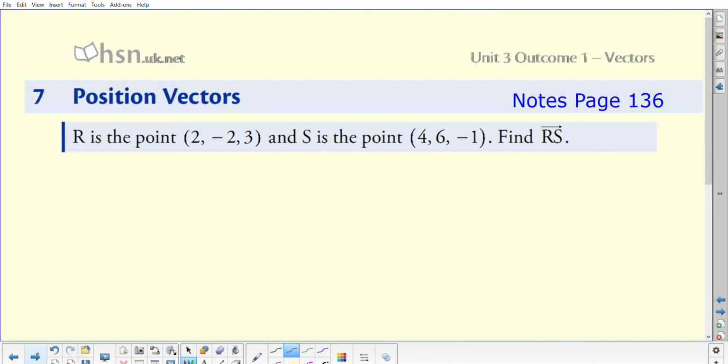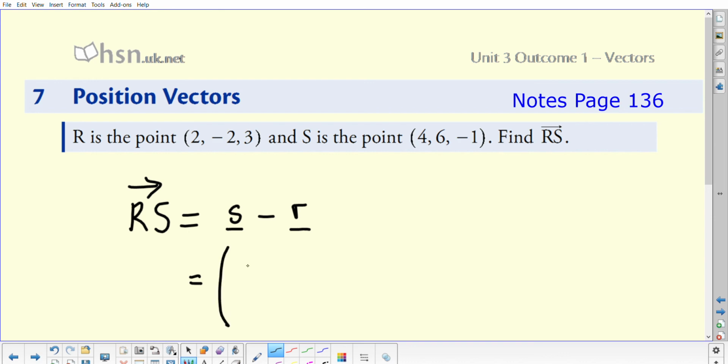So to see this in practice, you've got this question on your notes page, and we would be writing down for this that you've been given these 2 points and you are asked to work out what is the vector representing the journey from R to S. So what I would be writing down here is lowercase s underlined minus lowercase r underlined. That's the standard result.